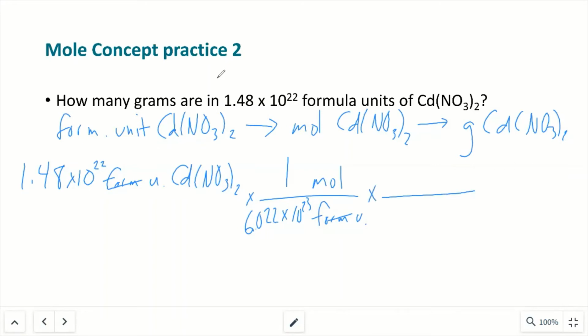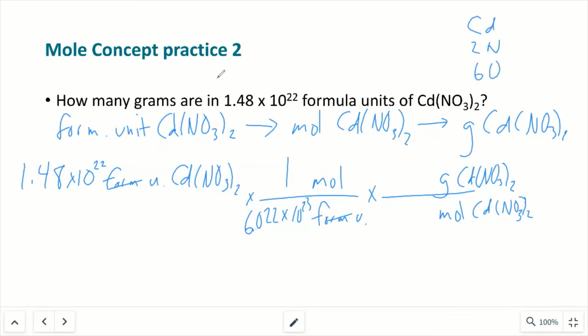I need to turn them into grams. For that, I need the molar mass. Molar mass of cadmium nitrate is going to be 1 cadmium plus 2 nitrogens and 6 oxygens.